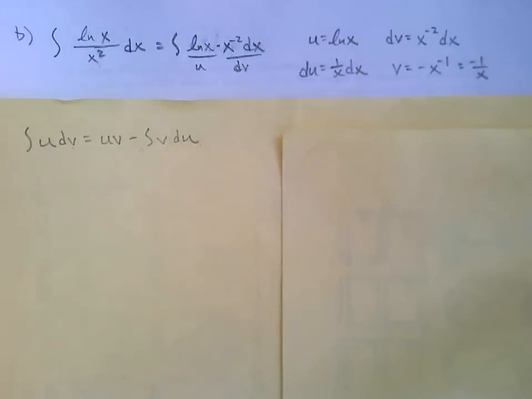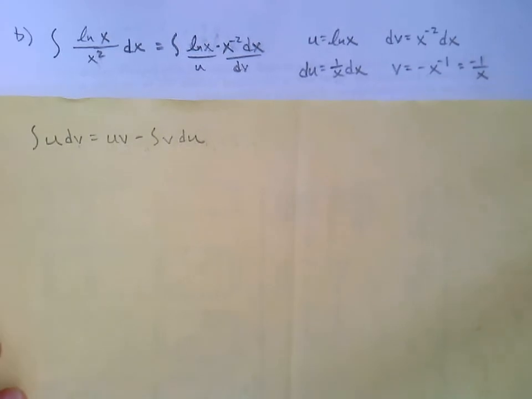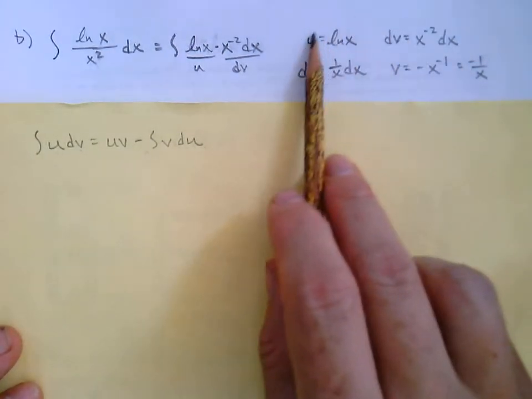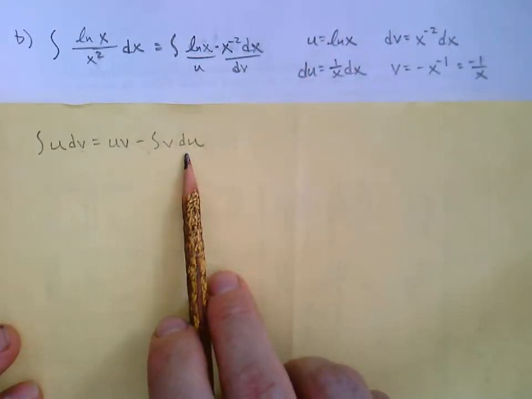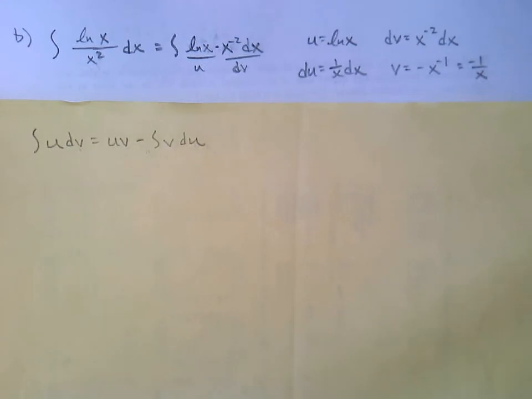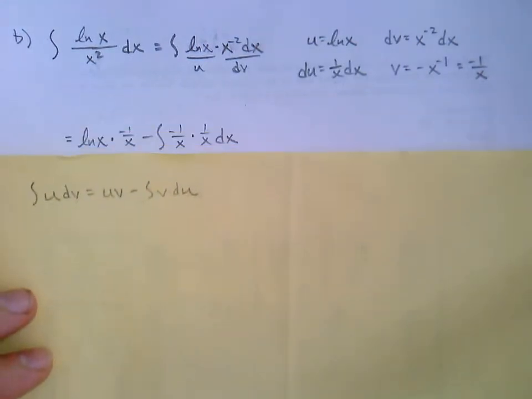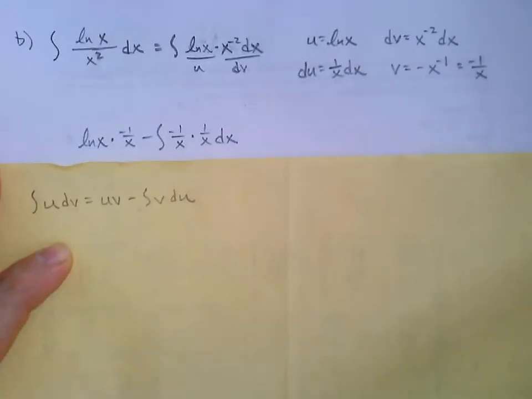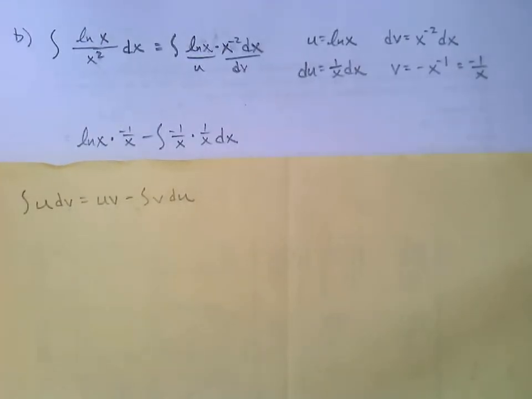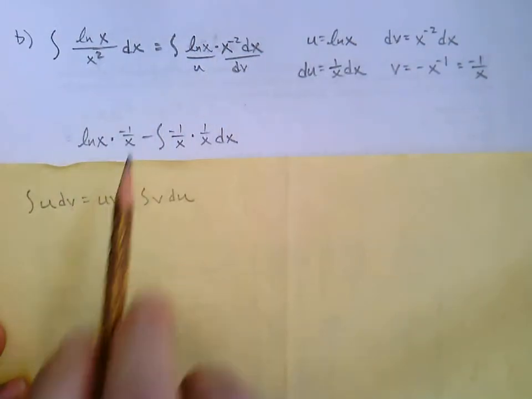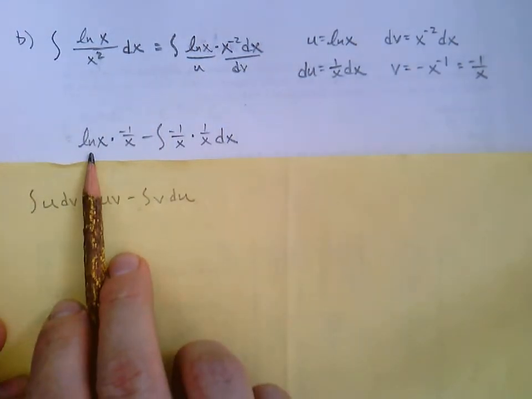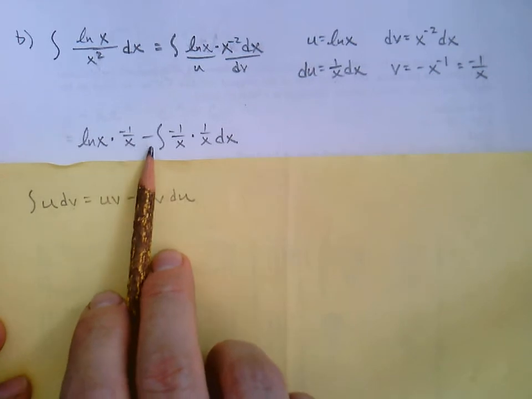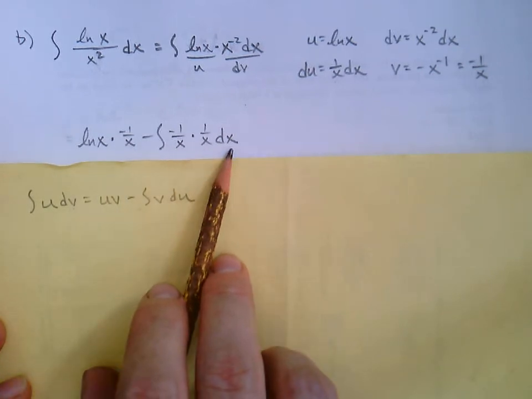So using this as a guide, we're going to write what we see on the right side there, uv minus integral v du. So this becomes this, becomes this. All right, uv minus v du.